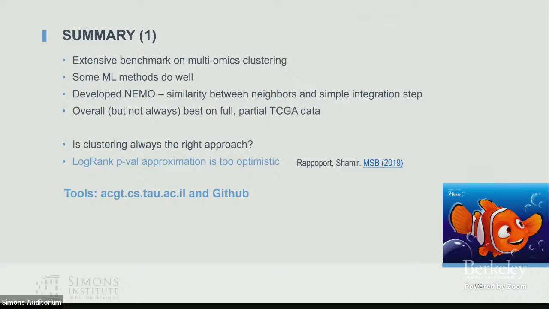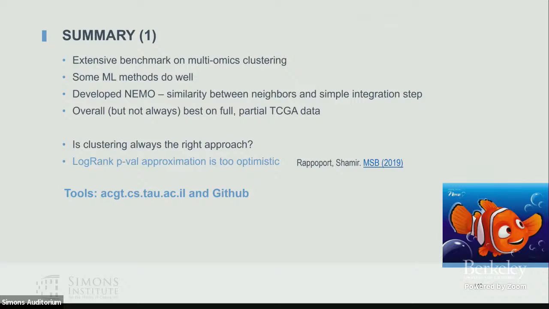There were cases where other methods did better, and also there were cases where using a single or subset of the omics was better than using all omics. So this begs the question of whether clustering the way we do it is the right approach, and we'll get to it in a minute.